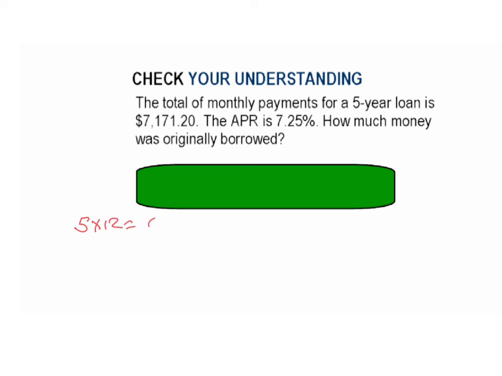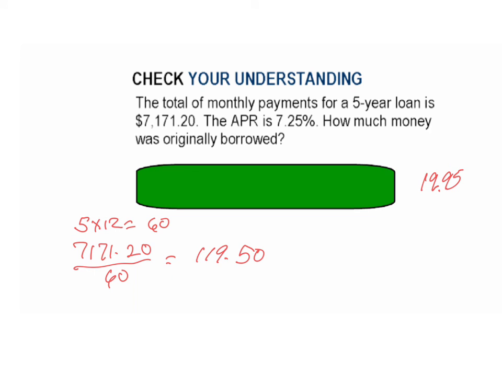And if we take $7,171.20 and divide that by 60, we get a monthly payment of $119.50. If we look at our table, under 7.25% and 5 years, we get a monthly payment of $19.95.